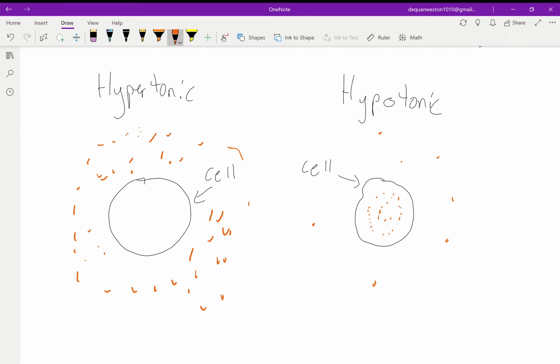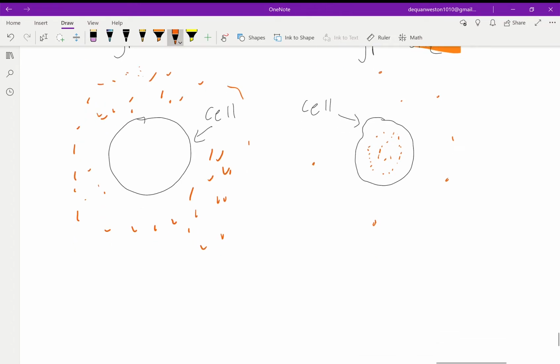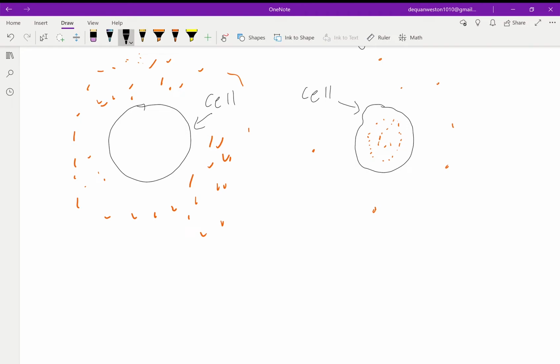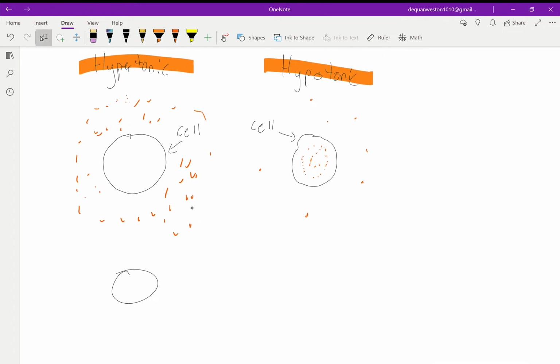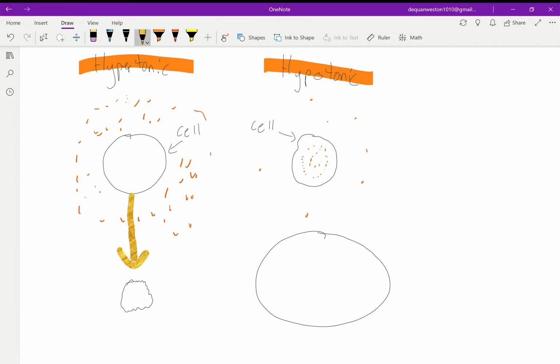Okay, so we're going to say that we're all doctors, and we have this patient come in. In this patient, let me finish drawing this. So, zoom this out. All right, so this cell is going to turn to that, and this cell is going to turn to that.